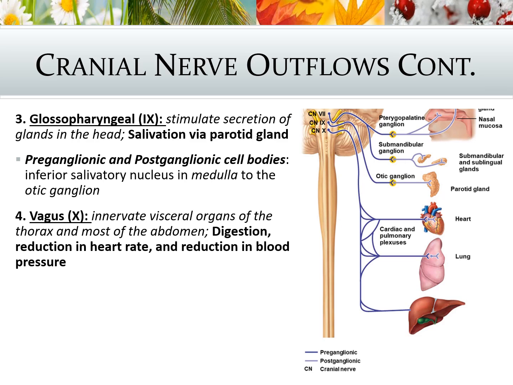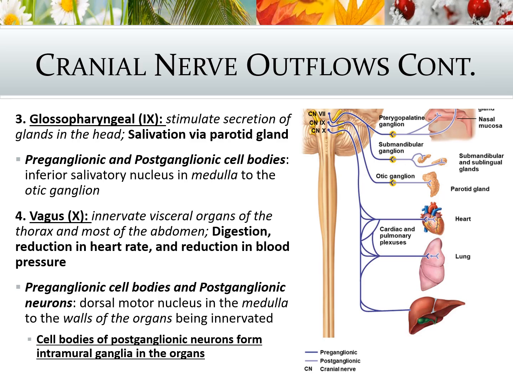But now, last but not least, is the vagus nerve, cranial nerve 10, which is one of our coolest cranial nerves, and it's very long. It starts in the medulla of the brainstem and goes all the way to our thorax and abdomen, so it innervates most of our visceral organs. It's going to stimulate digestion, but it's also going to reduce heart rate and blood pressure.